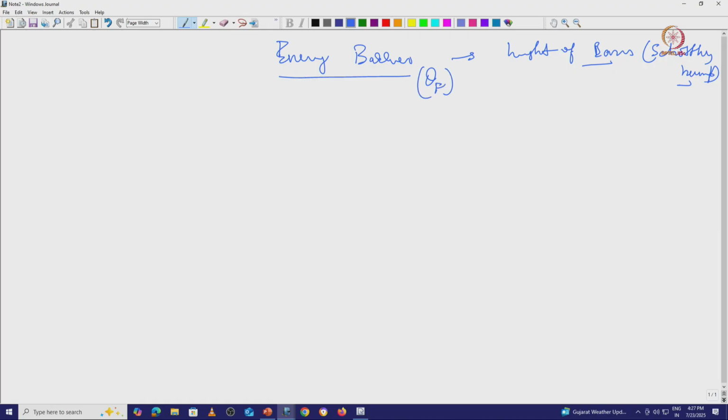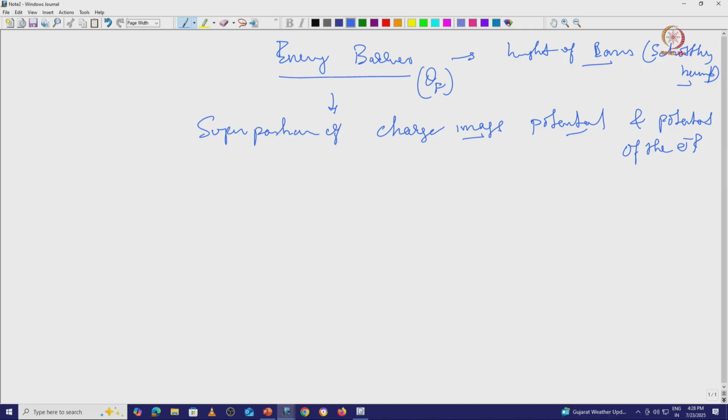This is nothing but a superposition of the charge image potential and the potential of the electric field, meaning the ion charge image potential and the potential of the electric field.